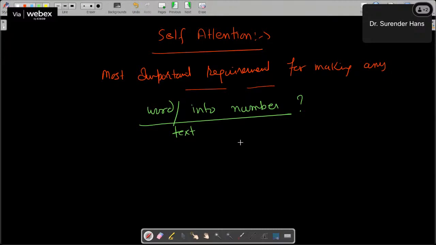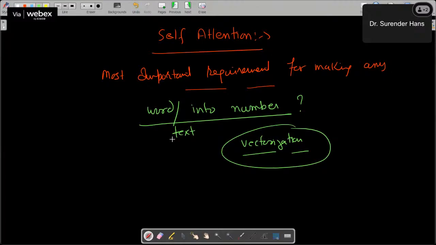In the language of NLP, this is called vectorization. So how can you vectorize words or text? The first work that was done in NLP is vectorization. We have to just convert the text into numbers.